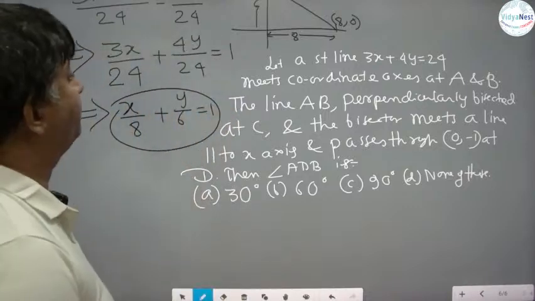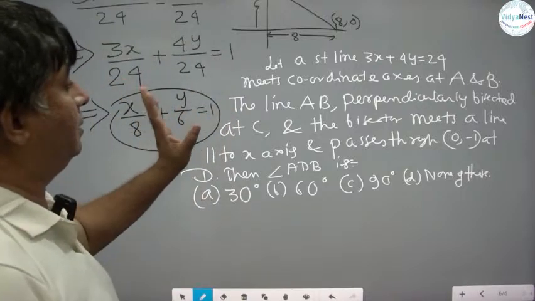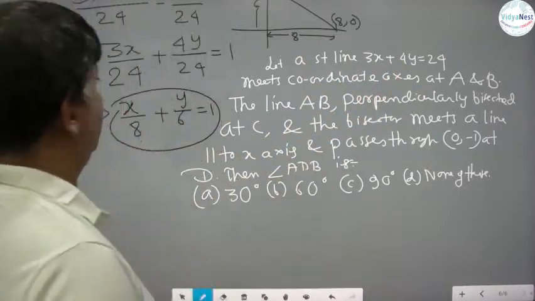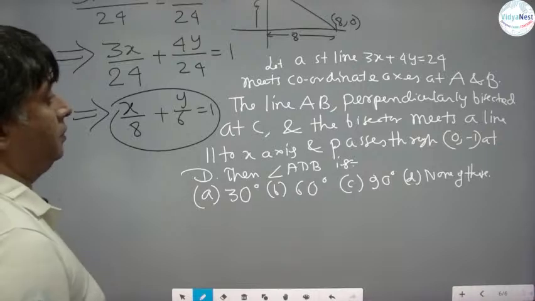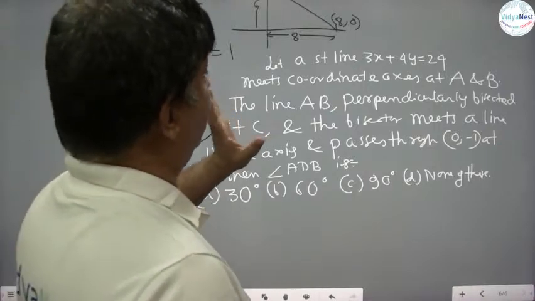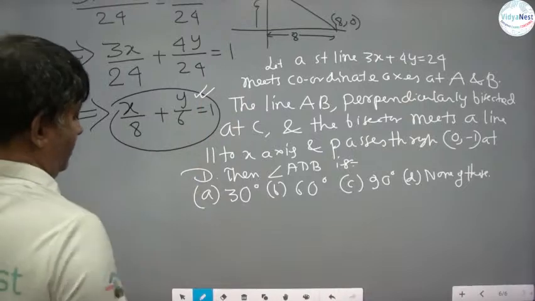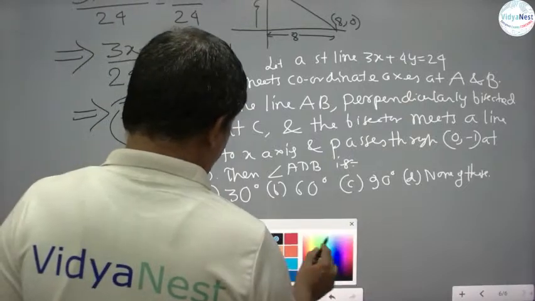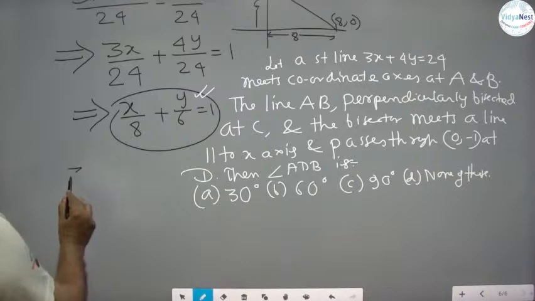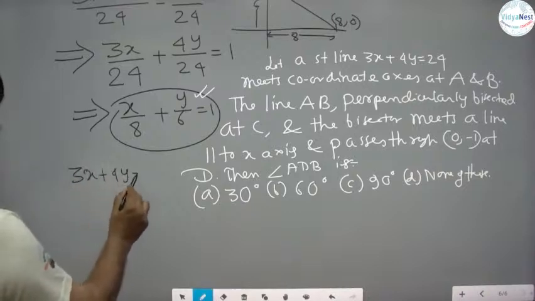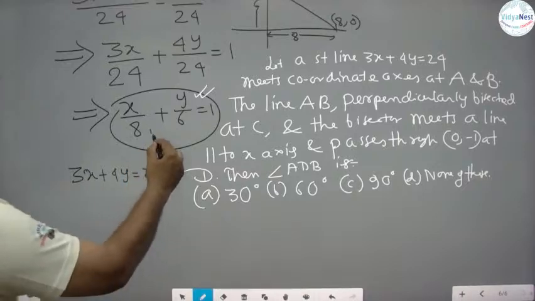Okay, so first it will satisfy the condition of intercept form, which we have first got. See, 3x plus 4y is equal to 24.